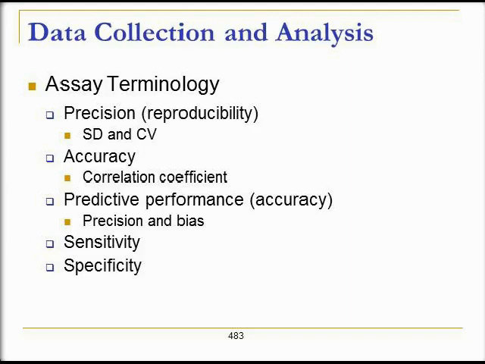And the values that we use to analyze precision are standard deviation and coefficient of variation. So you want low standard deviations, low coefficient of variation. Now, accuracy is just like it sounds. It's accurate. So in other words, if there's 10 milligrams per liter in the sample, when you analyze it, the result is 10.